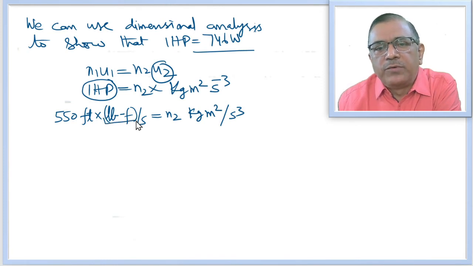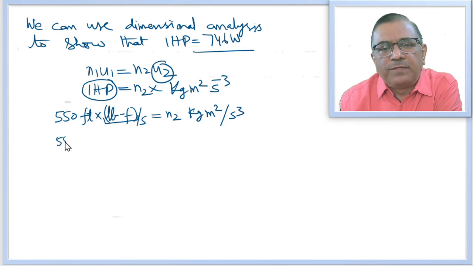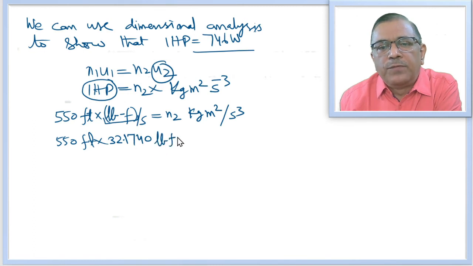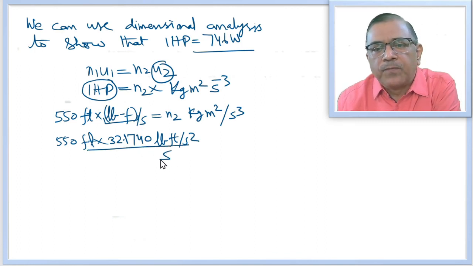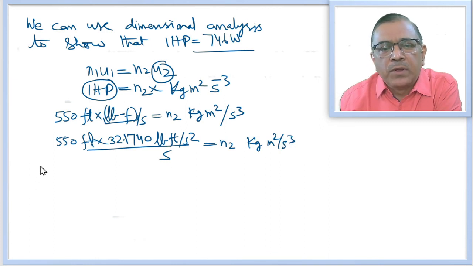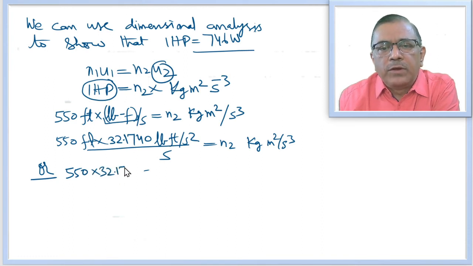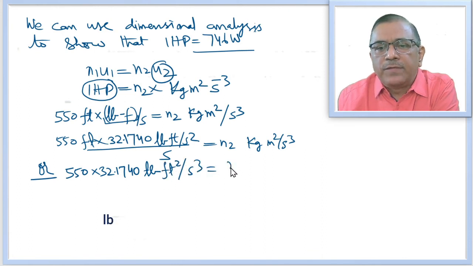We want to express this in terms of poundal before we proceed. So this is equal to 550 feet multiplied by 32.1740 pound feet per second square, with this second in the denominator, equal to N2 multiplied by kg meter square per second cube, or 550 into 32.1740 pound into feet square per second cube equals N2 kg meter square per second cube.